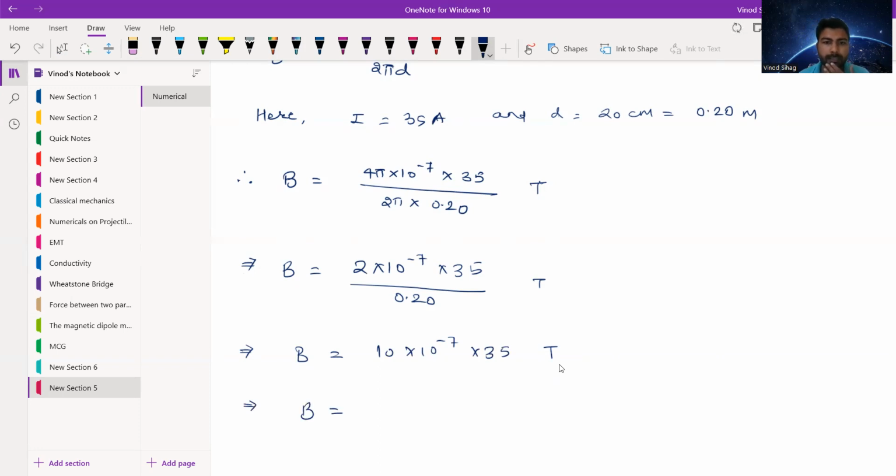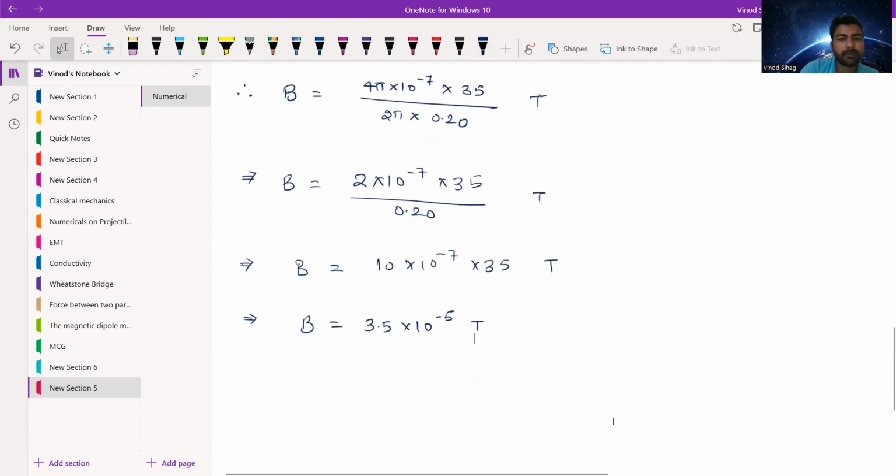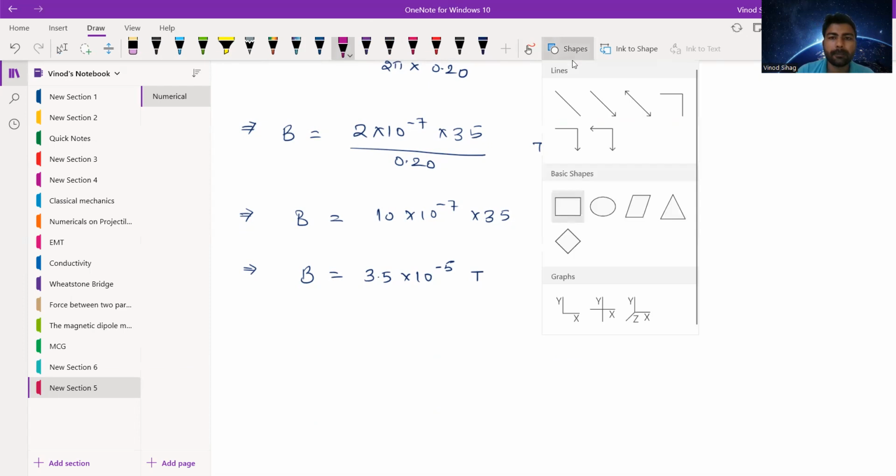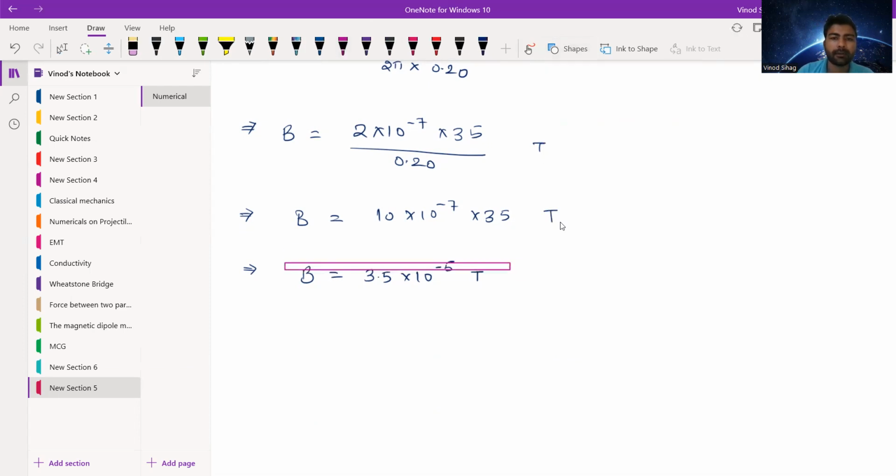What is left is 10 to the power minus 7, which becomes minus 6, and if we take the decimal point after one digit, it will be 3.5 into 10 to the power minus 5 Tesla. So this is the answer of the given question, where they were asking to find the magnetic field at a point 20 centimeter away from the wire, with current given as 35 ampere.